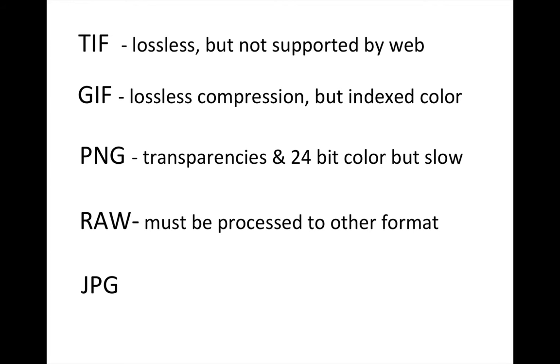RAW. Perhaps of all the formats, the best for quality would be RAW, because you're getting an image that is simply raw. It is all the full information. It's a photograph. It's a literal representation of the image. The hard part about it is any computer or any program has to interpolate the raw information into some other format, TIFF, GIF, PNG, JPEG, something, to be able to use it.